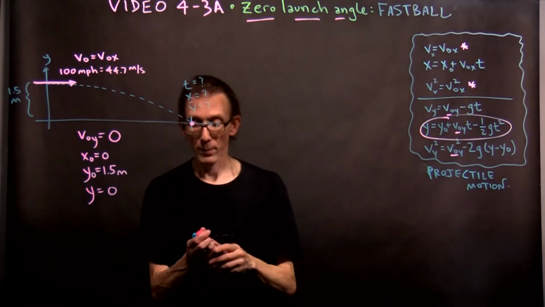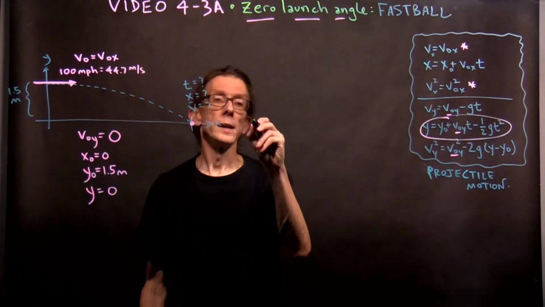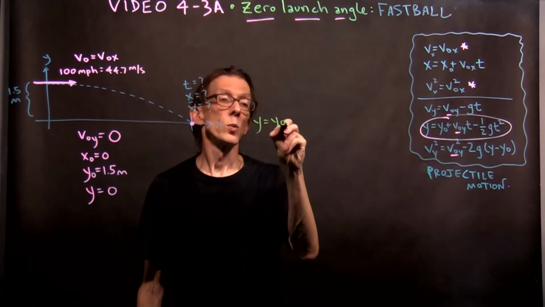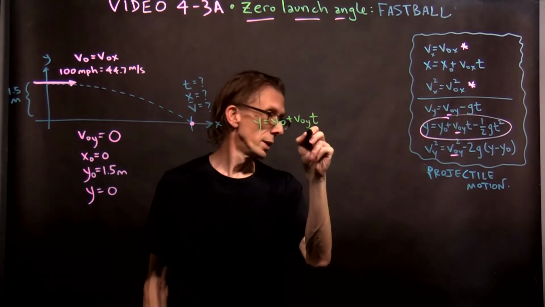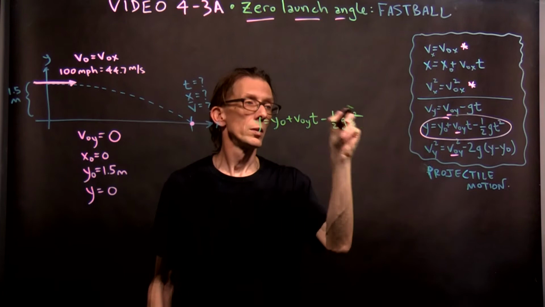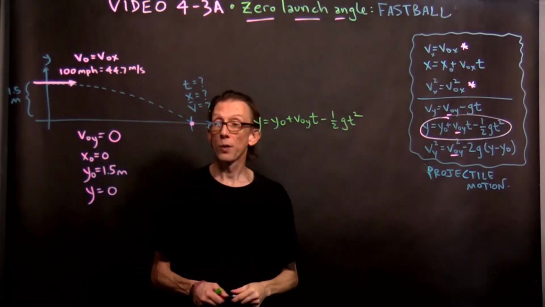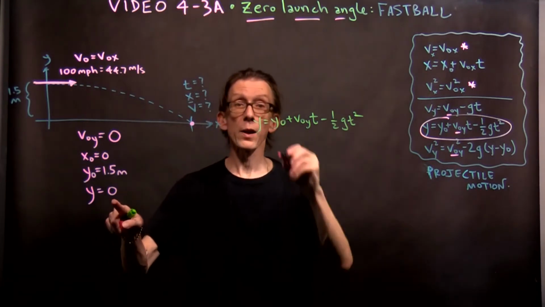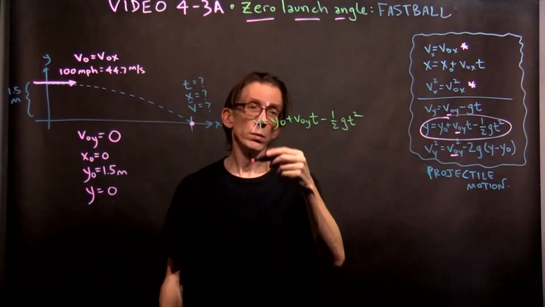So let's write it down here and see what we can come up with. So y equals y naught plus v naught y t minus 1/2 g t squared. Let's see, the final y value is equal to 0. Y naught we know.